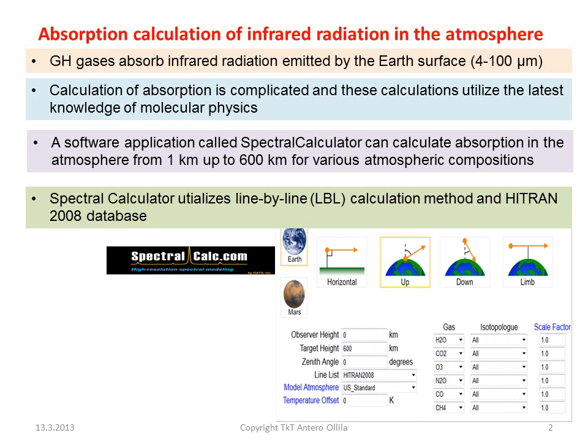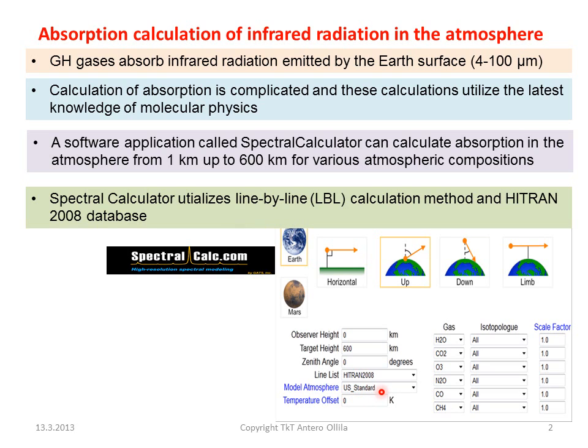This is how the opening page of Spectral Calculator looks like. You can select Earth, upward, downward, and then you can select what is the height, what is the atmosphere.